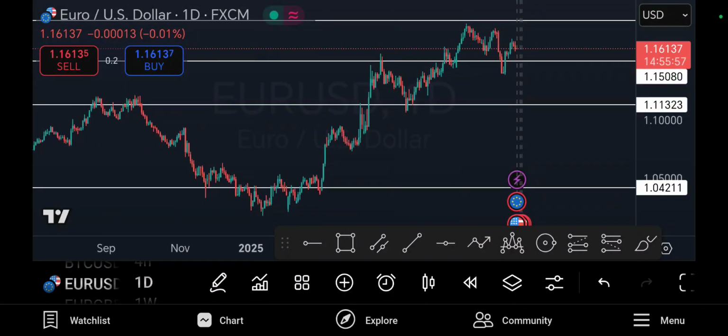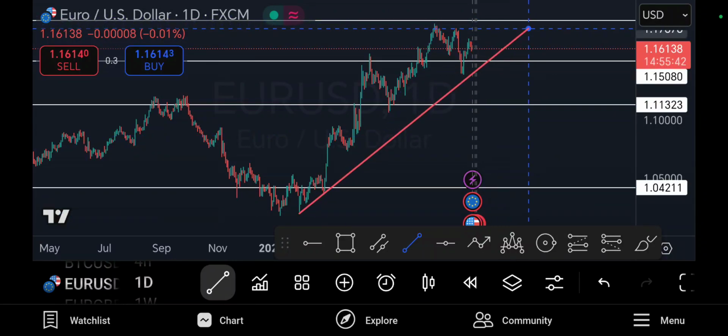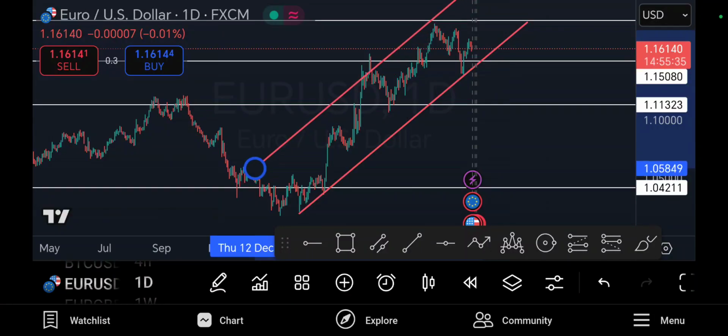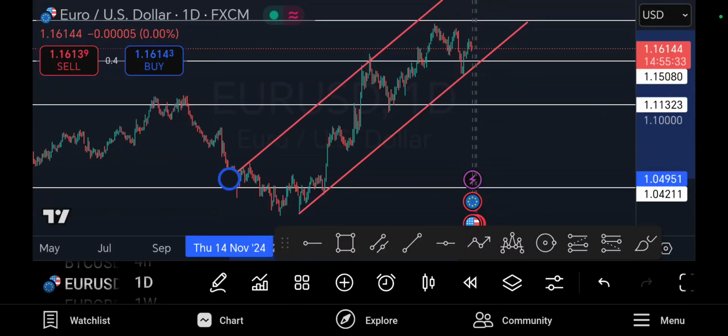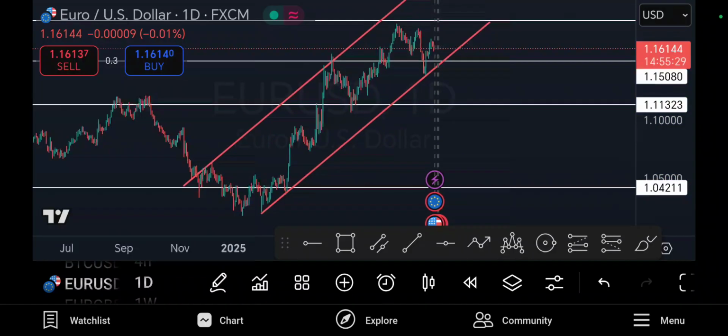So as you remember, we did say that we are looking. Okay, let me add these ones first so that it will make sense. Here is, let's have it here. That's our diagonal supporting trend line. Okay, there's a zone there. Cool.